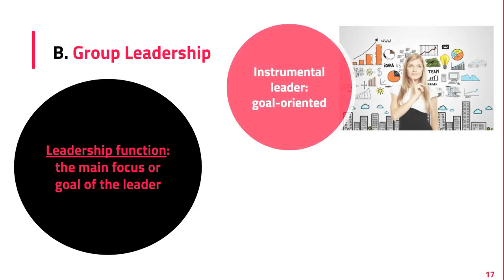There are two types of group leaders based on leadership function, or the main focus or goal of the leader. One type is called instrumental leaders, who are much more task-oriented. They try to keep the group moving toward its goals, reminding the members of what they are trying to accomplish.